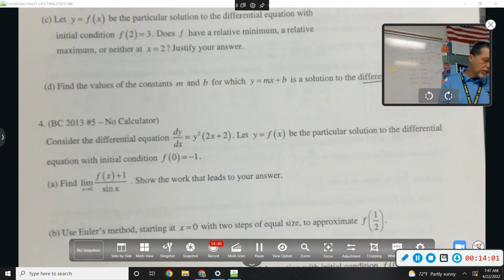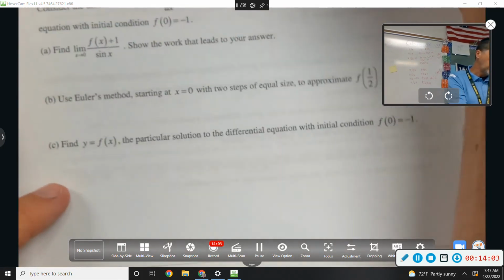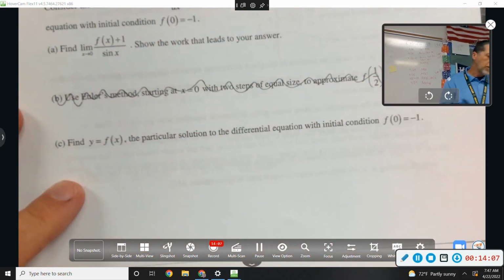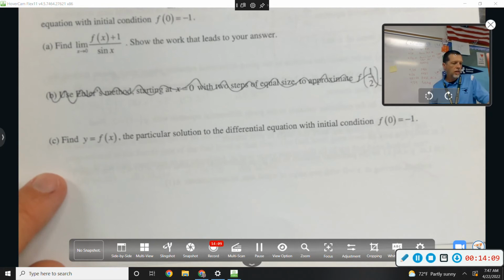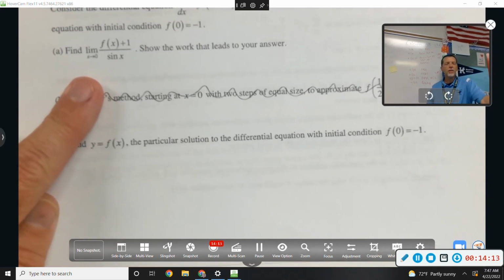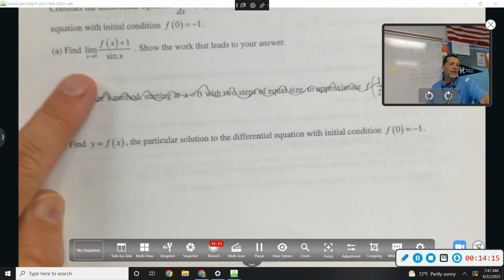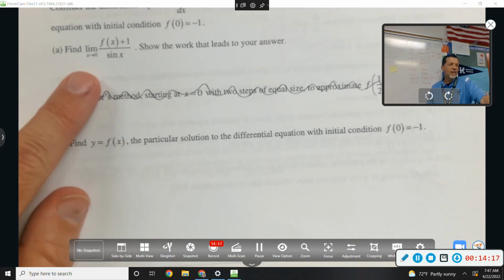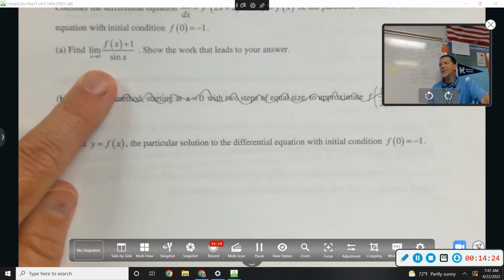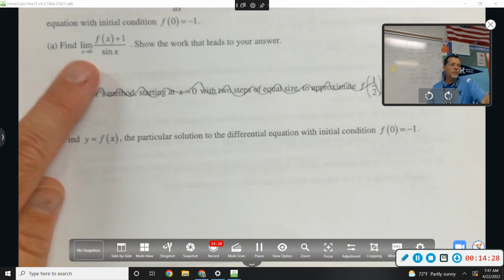All right, so that just leaves one left for you to do that we haven't done, and it only has 2 parts to it. One of the parts is a limit. Anytime you have a limit in a free response question, maybe not anytime, do you know what you're probably going to end up doing on this? Probably L'Hopital's. Almost certainly L'Hopital's.